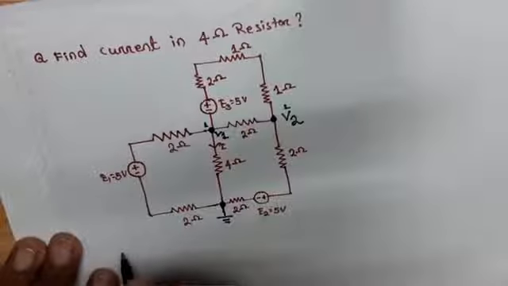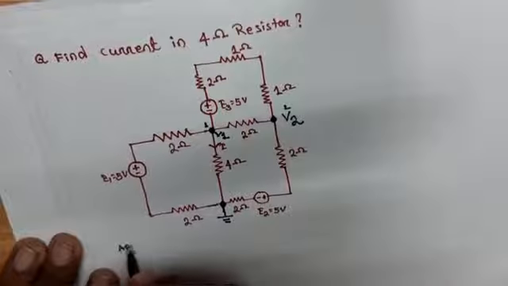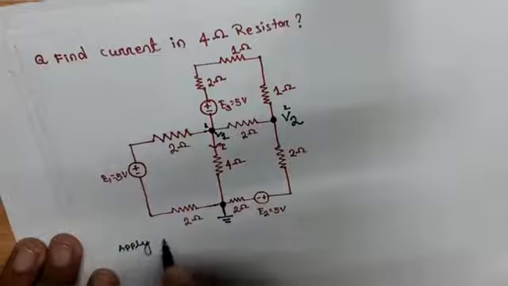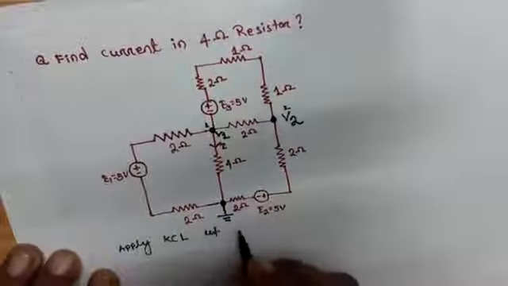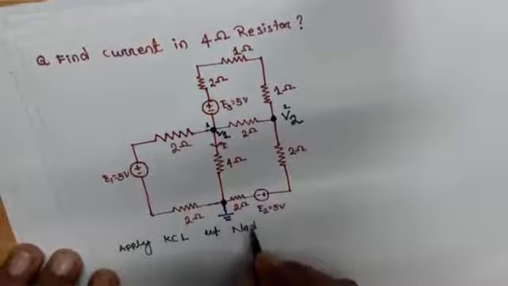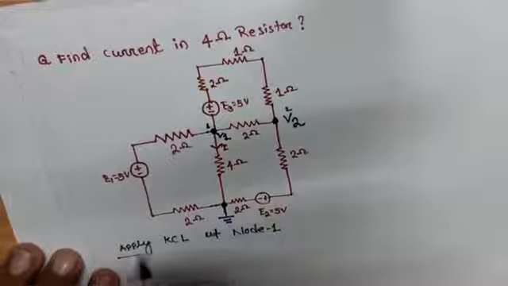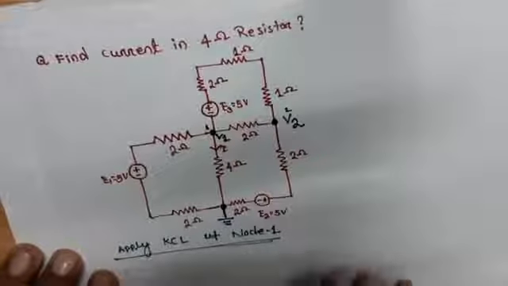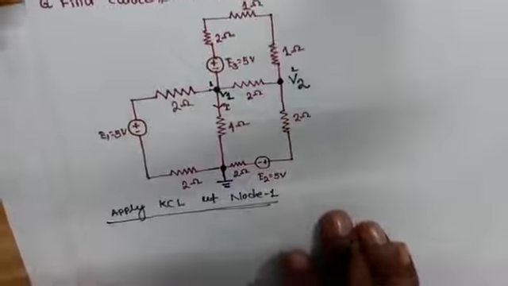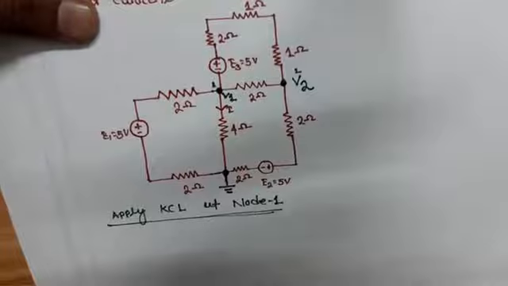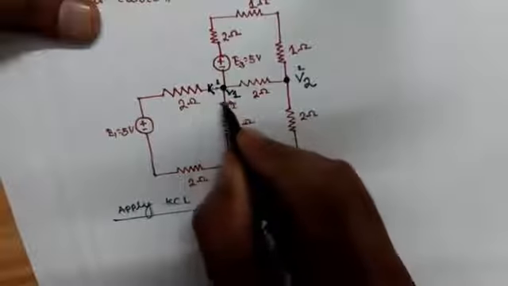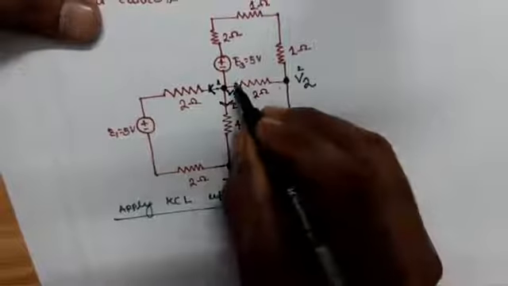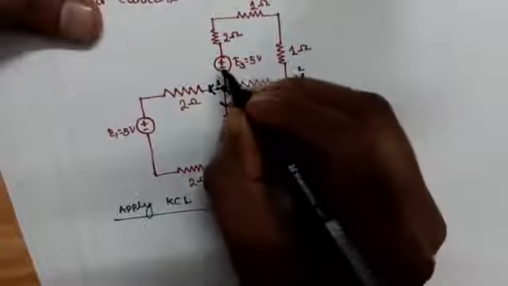Apply KCL at node 1. In node analysis we take the node potential as higher, so the current flows from the node to the reference. The currents are divided from there.